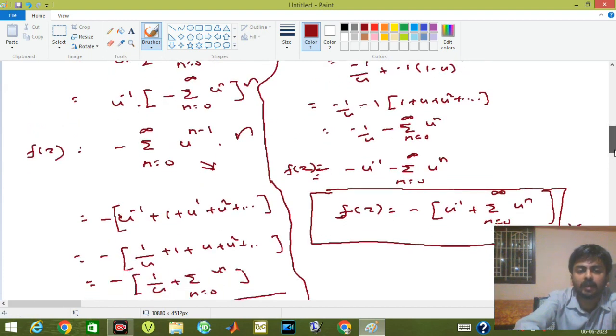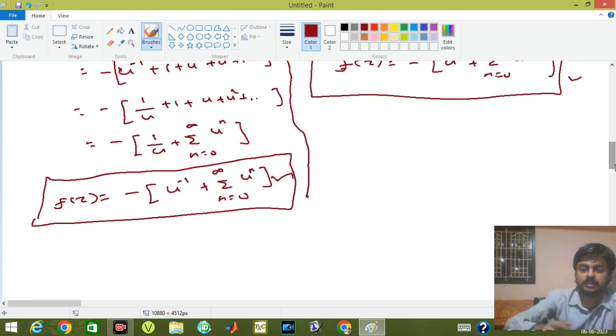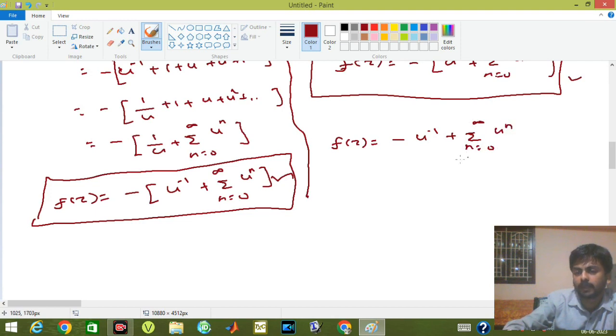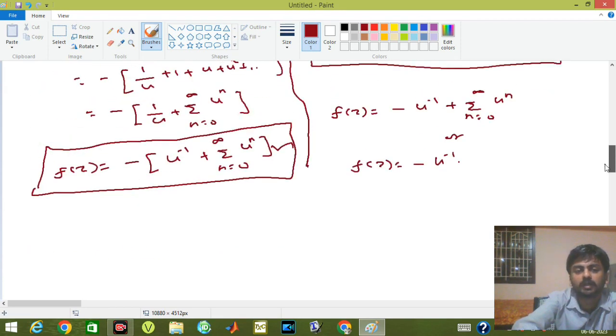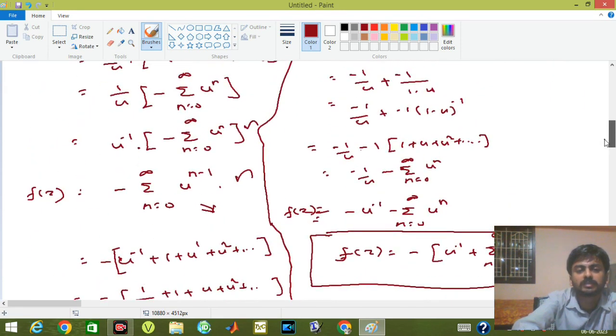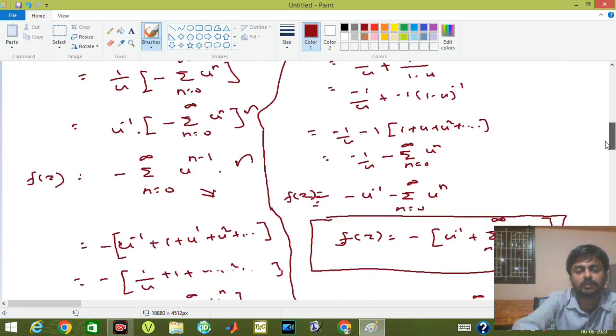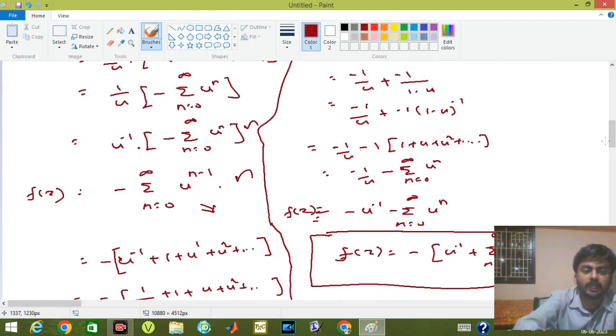So I shall give you the final result. f of z will be either minus u inverse plus summation n equal to 0 to infinity u power n, or f of z equal to minus u inverse into, in the above step we are having minus 1 into minus u inverse, sorry, it is plus u inverse. Okay, I shall take the minus outside.